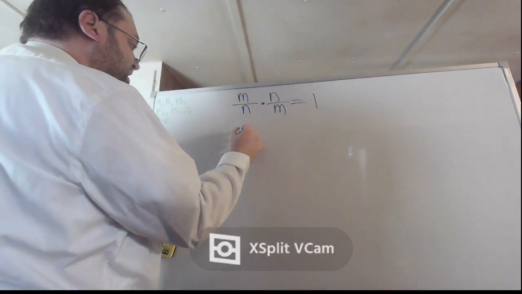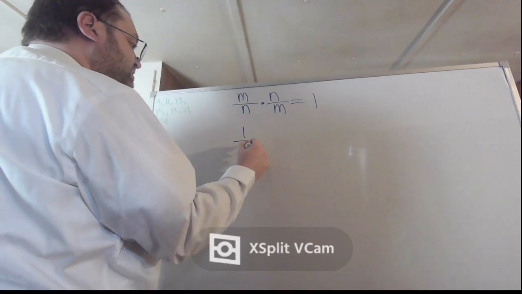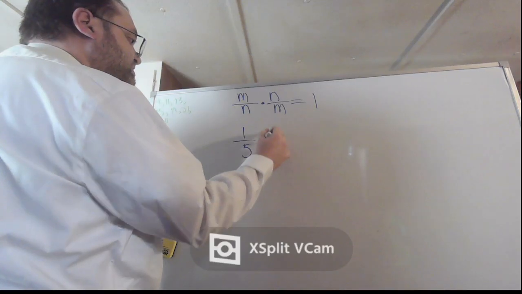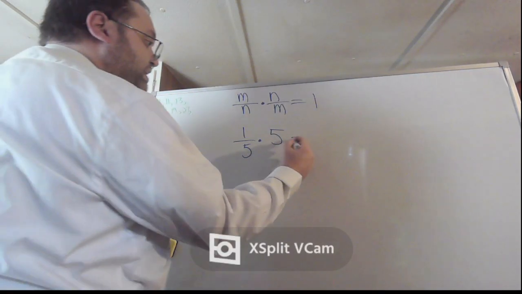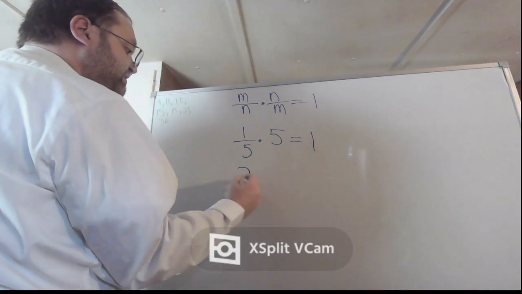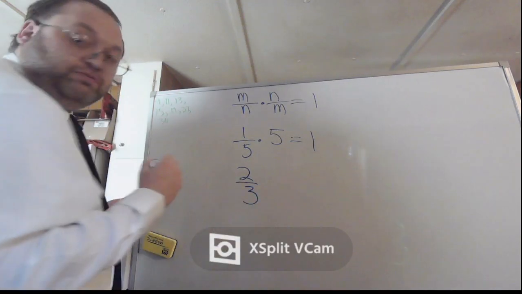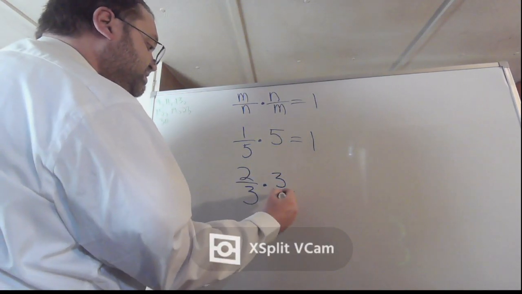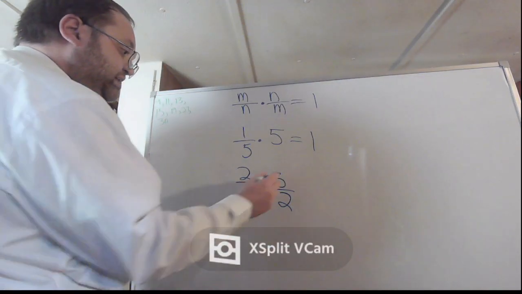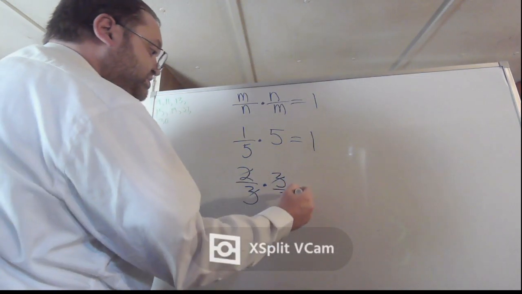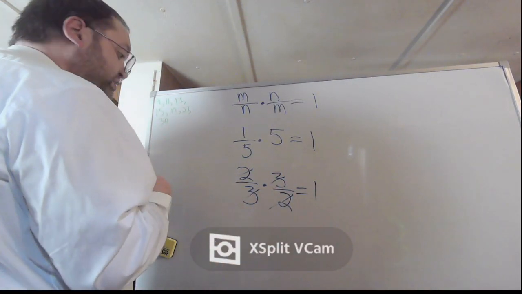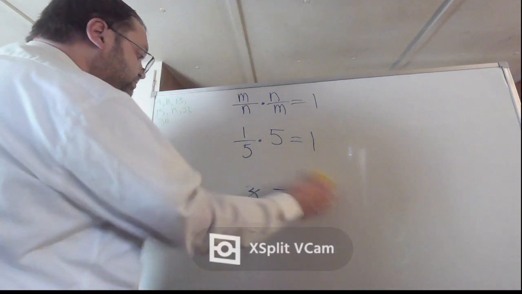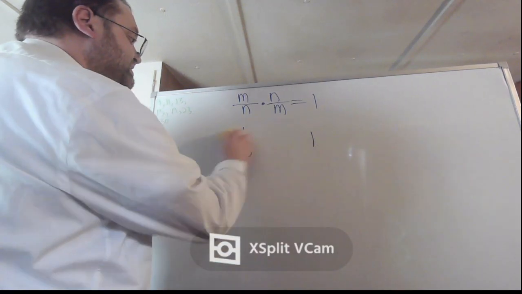So I have 1/5 times 5, the reciprocal of 1/5 is 5, I'll get 1. If I have 2/3 and I multiply by that reciprocal, which would be 3/2, well, the 3's will cancel out, the 2's will cancel out, I'll just get 1. Real easy stuff there.